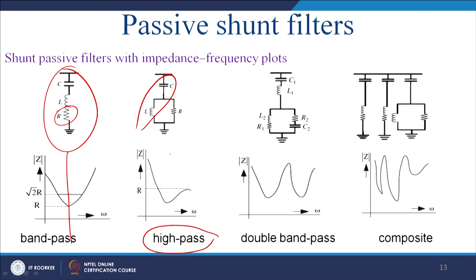First of all, there will be notches. This is the impedance, so admittance will be maximum at that point, and thereafter it will reach there, and this is a double band pass filter. You will have the maximum admittance here and minimum admittance at the opposite position.